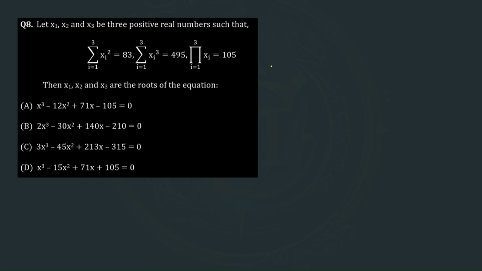We know that the equation will look like this: a times x cube minus summation xi times x square plus summation xixj times x minus product of xi times 1 equal to 0.